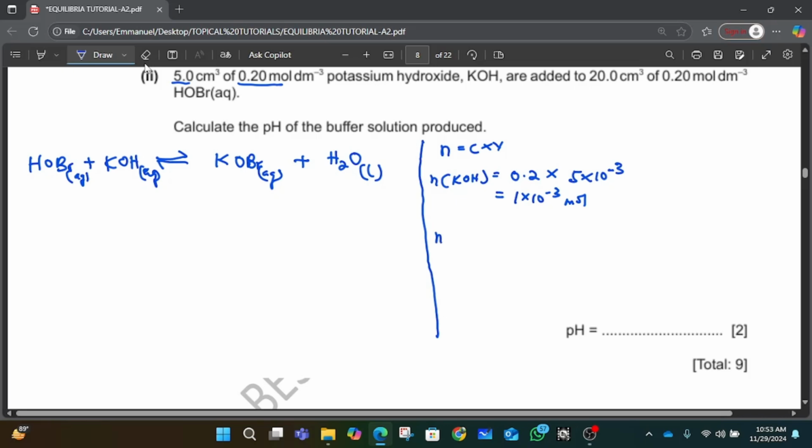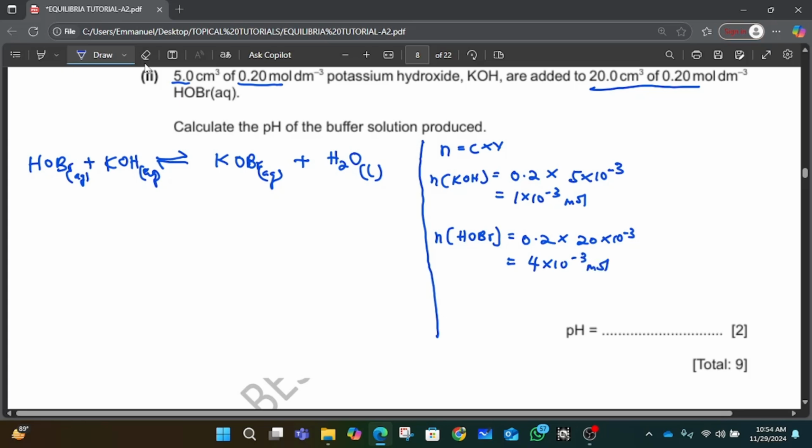And again, we also find the amount of the acid, HOBr, which is equal to the concentration and the volume of the acid. So 0.2 times 20 times 10 power minus 3. So we do this to convert the 20 centimeter cube to decimeter cube. And then you get the amount to be 4 times 10 power minus 3 mole.